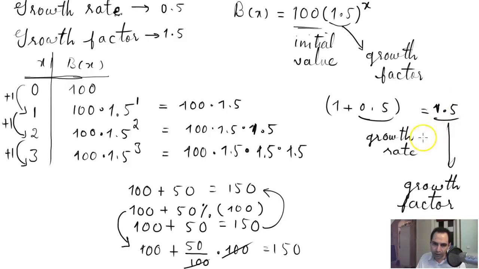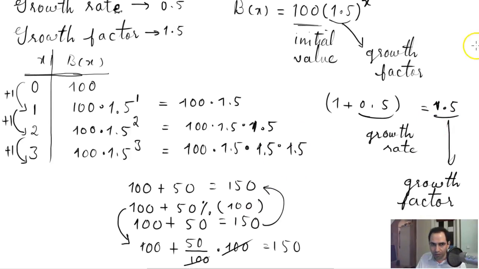That's basically this number that you eventually can multiply by the initial value of the function, and every time you increase the input, that growth factor is being multiplied by the output more and more times to give you the final output of your function.